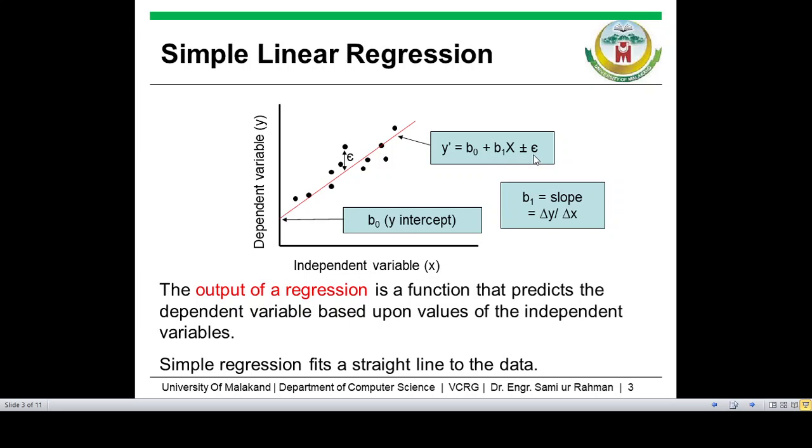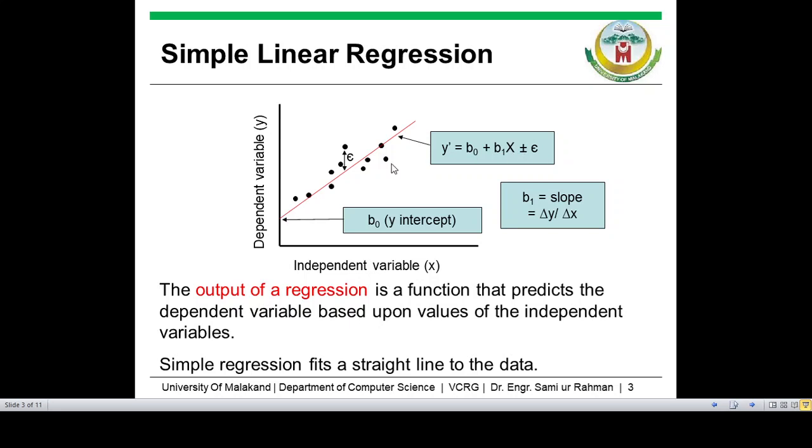And now from this equation we can also predict something. For example, let's say the value of x is somewhere here, so we can predict where the value of y should be. Using this equation we can predict the value of y for some other input x.